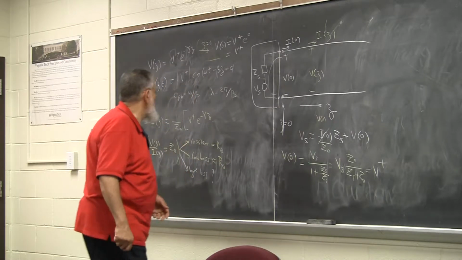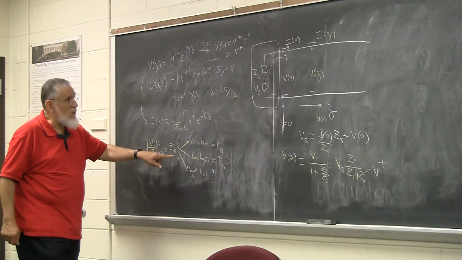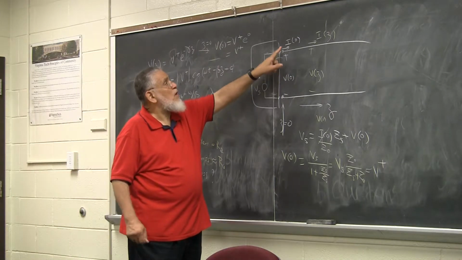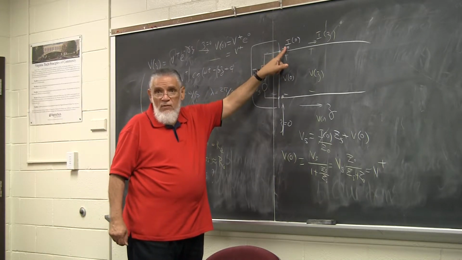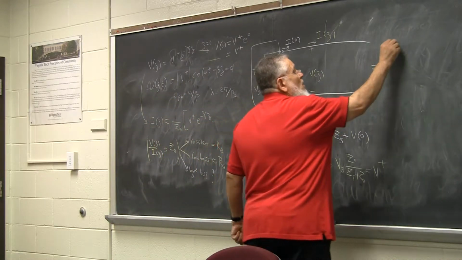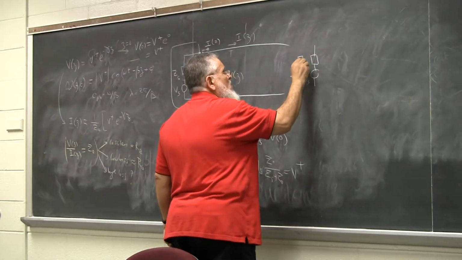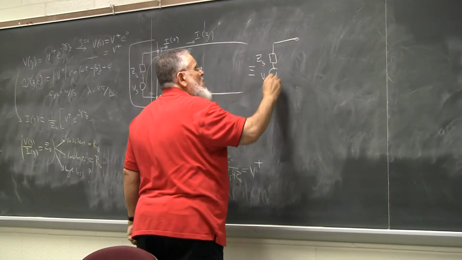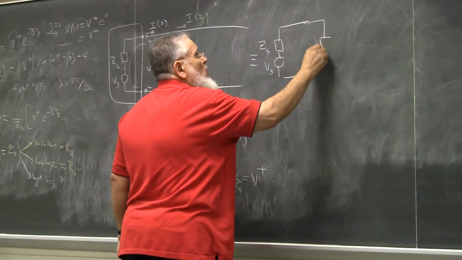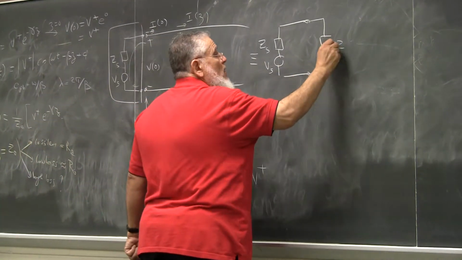Makes sense, because when you look at this expression here, V of 0 over I of 0 is equal to Z0, that means the ratio between the voltage here and the current there is Z0. So this is, by Thevenin's equivalent, like a Vs, Zs, and if I replace this by one impedance, the voltage over the current here is Z0.